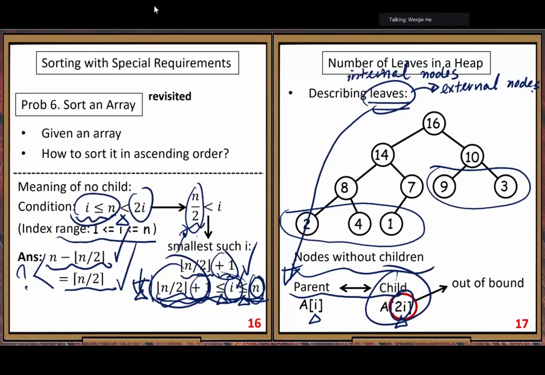So you can prove it. And in our textbook appendix, this formula is given. All right, so here, we use this formula. So we complete the first step. Count the number of leaves.